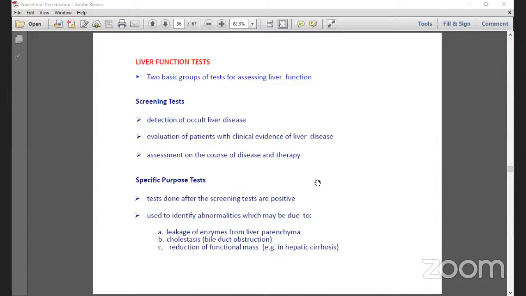When there's a liver injury, liver degeneration, and also liver necrosis, the enzyme will be released from the cytoplasm of hepatocytes into the blood circulation. So in case of cholestasis and bile duct obstruction, there are related enzymes like alkaline phosphatase and gamma glutamyl transferase, the GGT, and also in case of the reduction of the functional mass like hepatic cirrhosis, which is observed in case of the chronic liver disease.